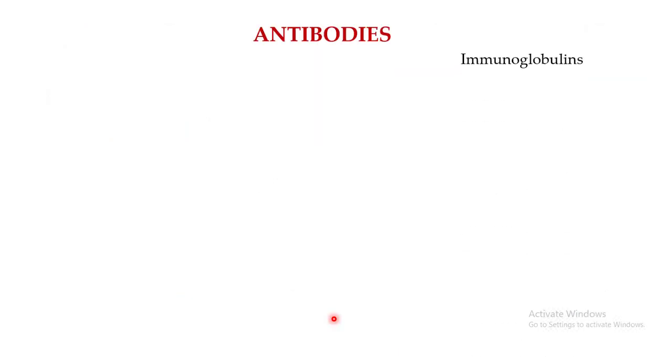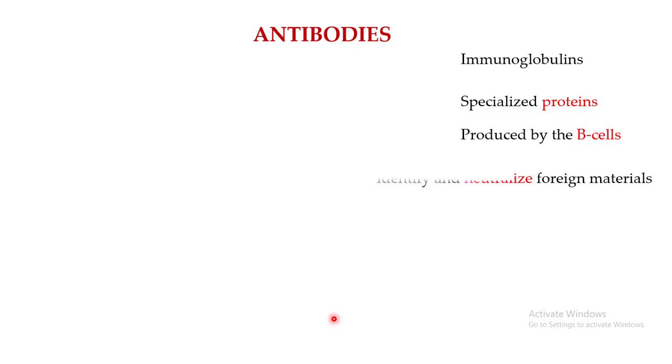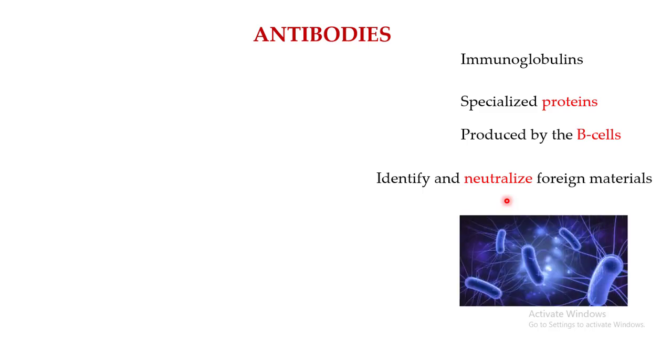These antibodies are also known as the immunoglobulins. They are protein in nature, specialized proteins, and they are produced by the B cells. These antibodies are very important in the identification and neutralization of foreign material. For example, they can help identify and neutralize bacteria.